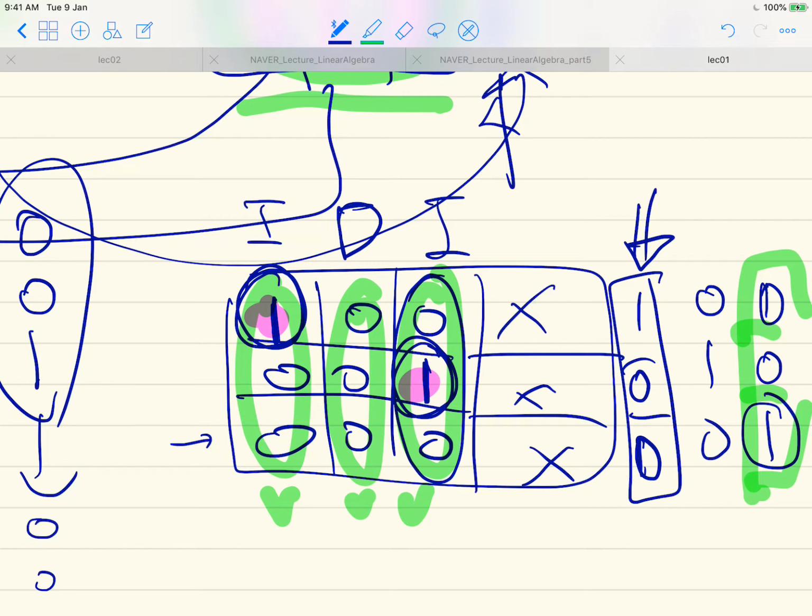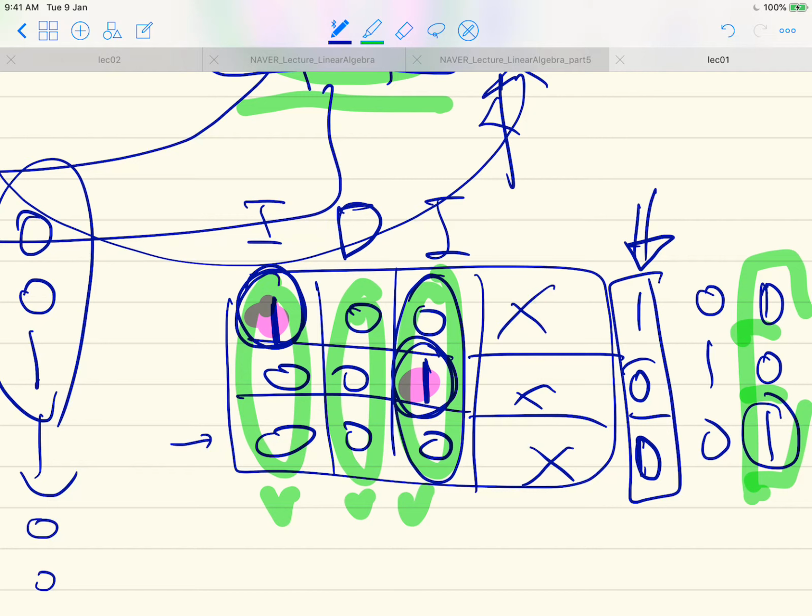So the number of pivots is equal to or strictly less than the number of columns, and in this case the total number of pivots is strictly smaller than the dimensions those vectors are living in, right?